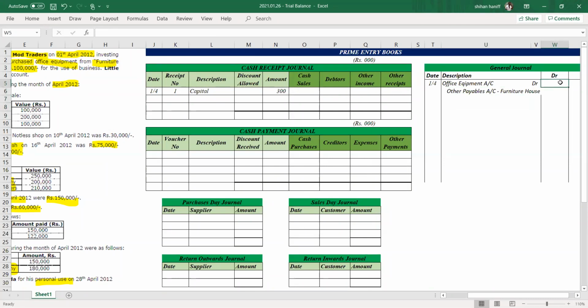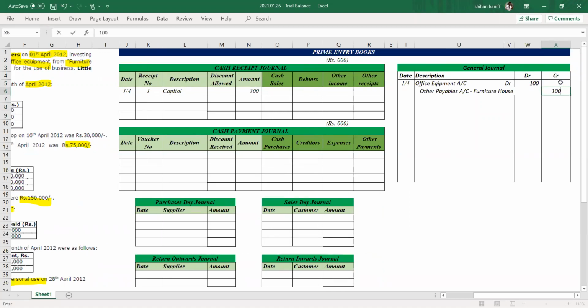Other payments, 100,000. Debit and credit.